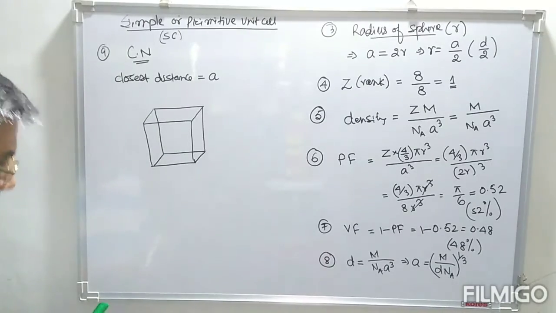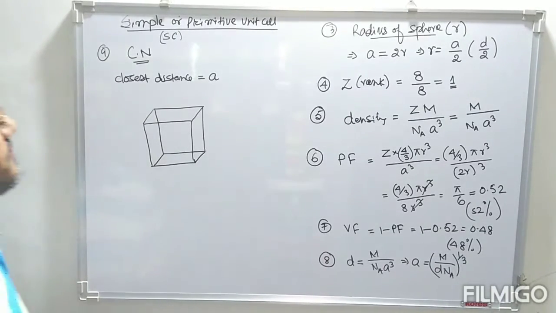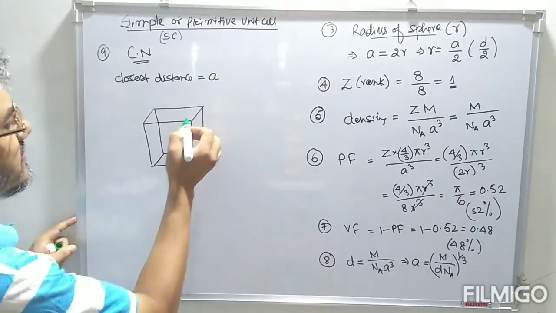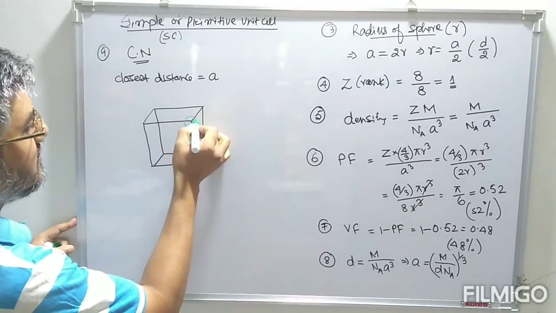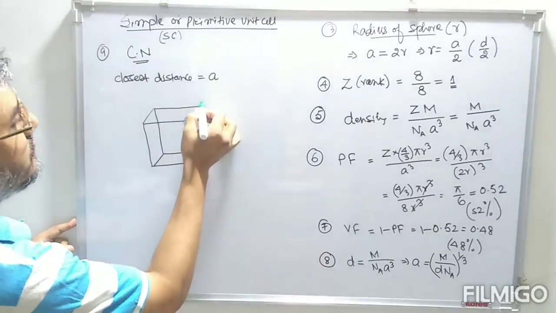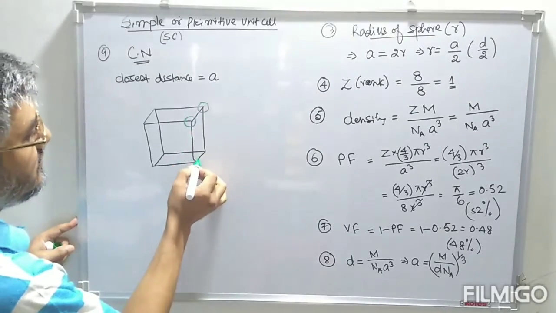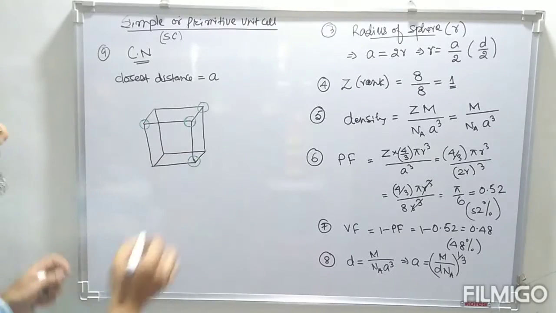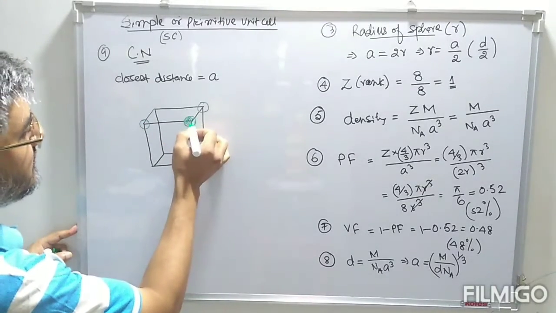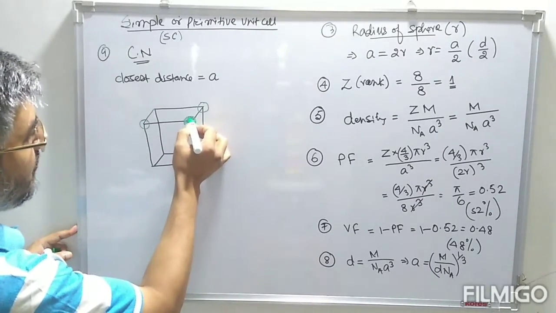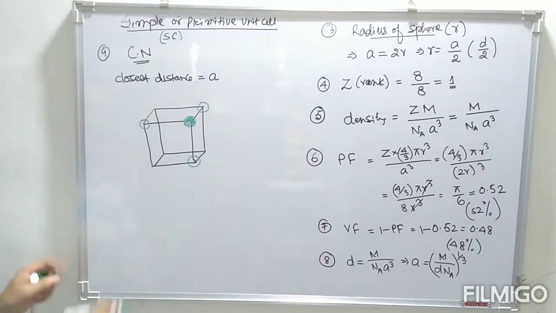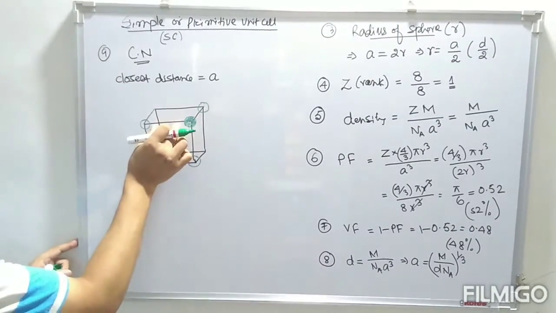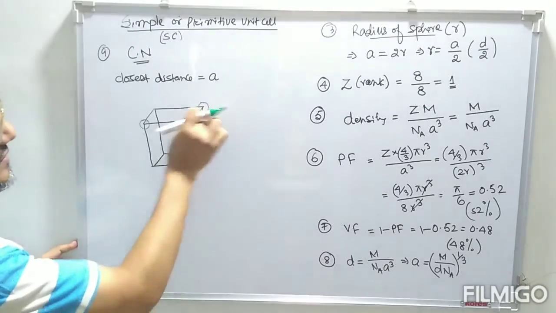We have a unit cell. Now let's consider this. So we have a point here, a point here, a point here, considering this to be the reference center. So how many atoms are present at the closest distance? This is the closest distance, this is a, this is also a, this is also a.